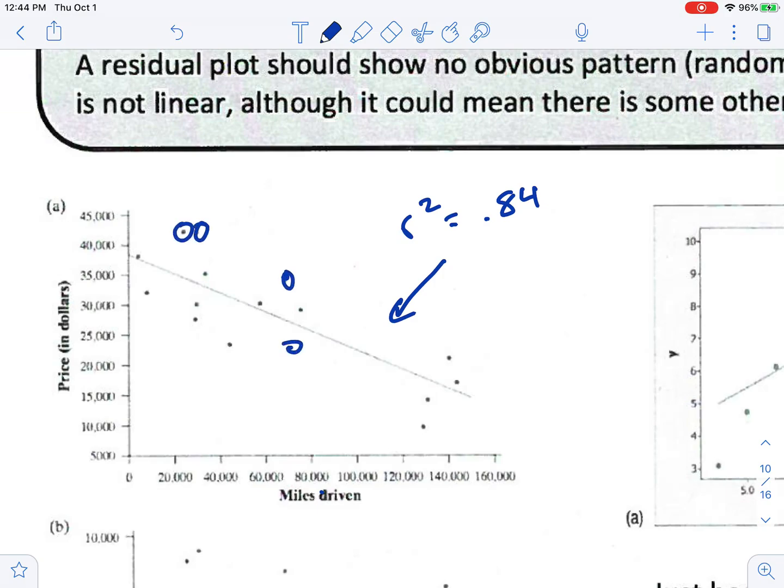Would you agree that the y values aren't perfectly on the line? They're not perfectly on the line, meaning the data is not a perfect line.